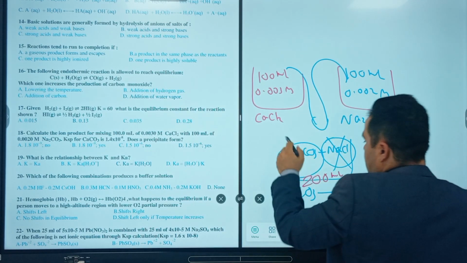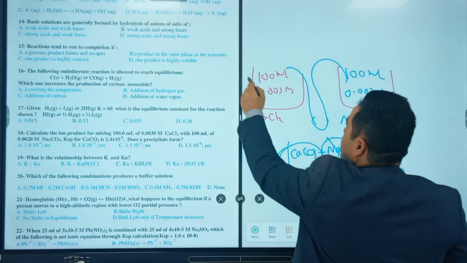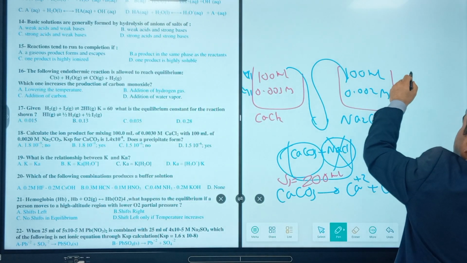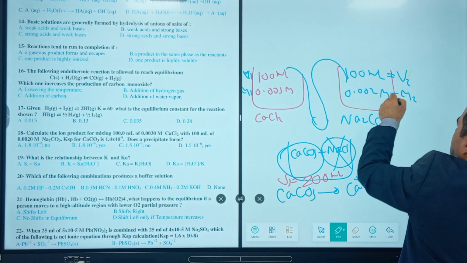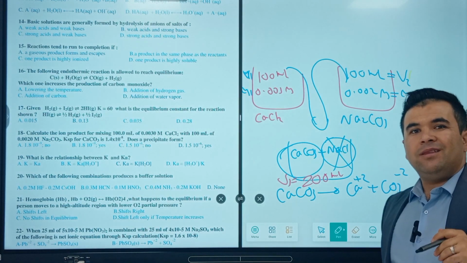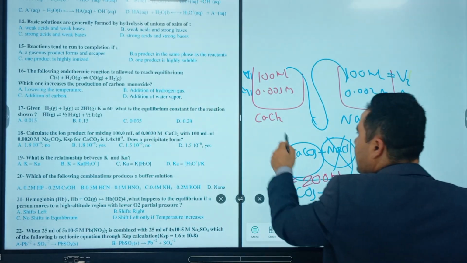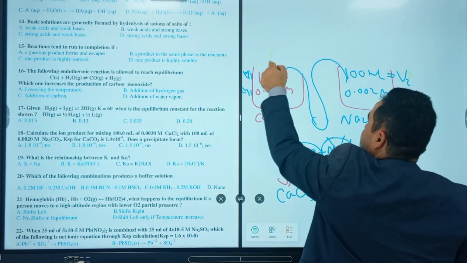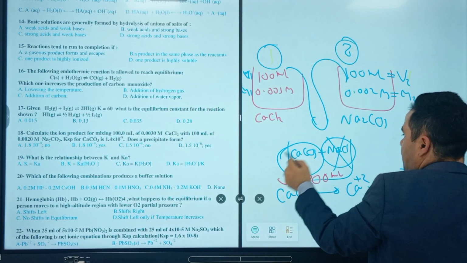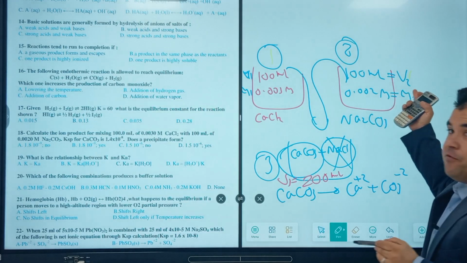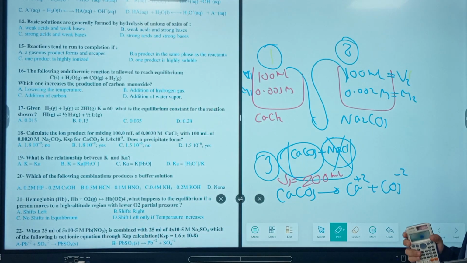V3 is given, and V1, M1, V2, M2 are given. By using M1V1 = M3V3, we can calculate Ca, and by using M2V2 = M3V3, we can calculate CO3.